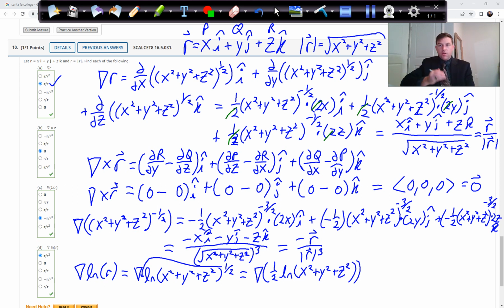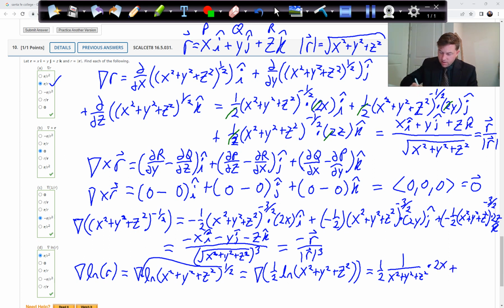But again, we're going to take partial derivatives of that with respect to x, y, and z. So what we're going to get is 1/2 is going to carry along. The derivative of natural log of that is 1 over all that stuff times the derivative inside, which would be in terms of x, 2x.